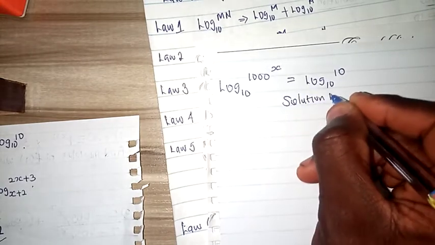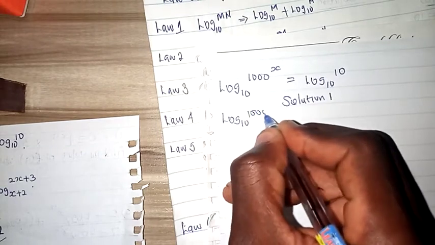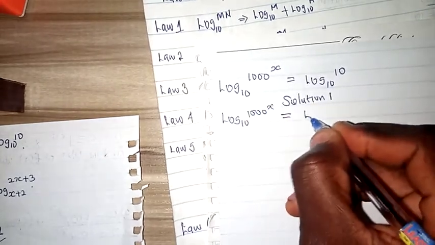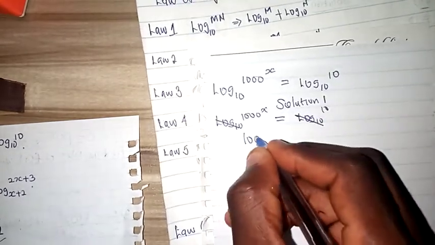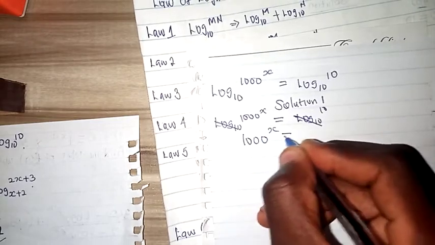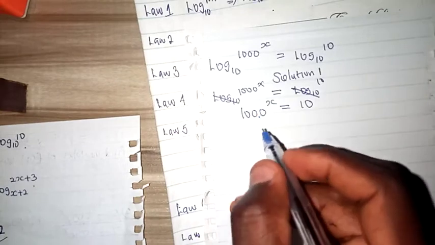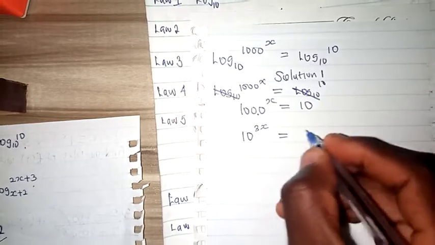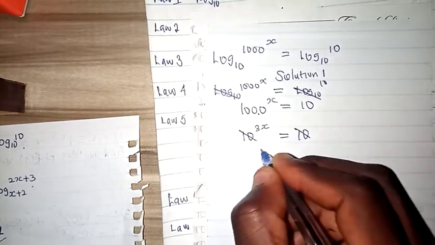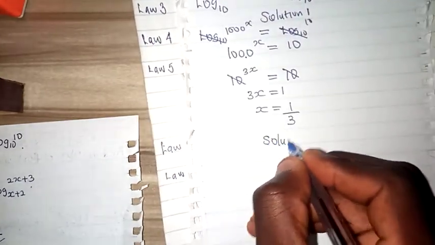Solution 1: log 10 of 1000^x equal to log 10 of 10. We cancel the logs, then you have 1000 raised to power x equal to 10. You can change 1000 to index form. That will give you 10 raised to power 3x equal to 10. This will cancel this. You have 3x equal to 1. Then your x equal to 1 over 3.